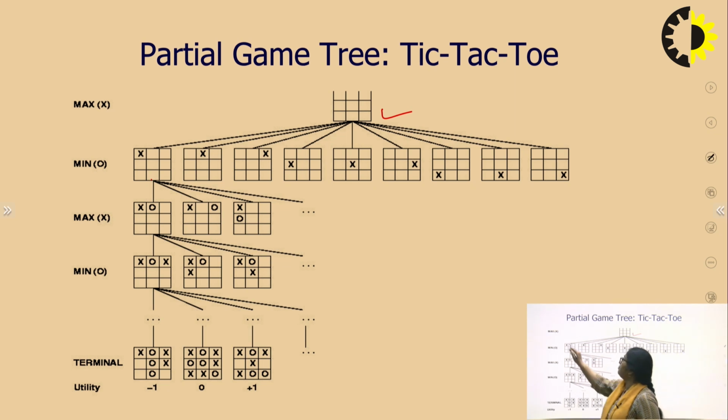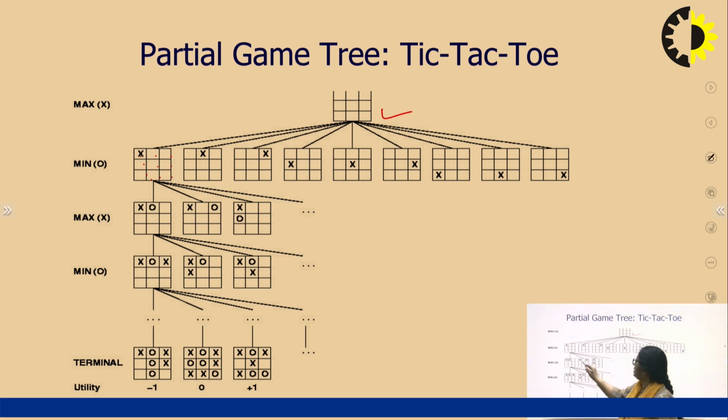In the first one, Max has put X in the first cell. Now what is left with Min? Min now has 8 options: 1, 2, 3, 4, 5, 6, 7, 8. O can be put in any of these 8 positions. So there are 8 cases: the first one, second one, third one, fourth one, and so on.